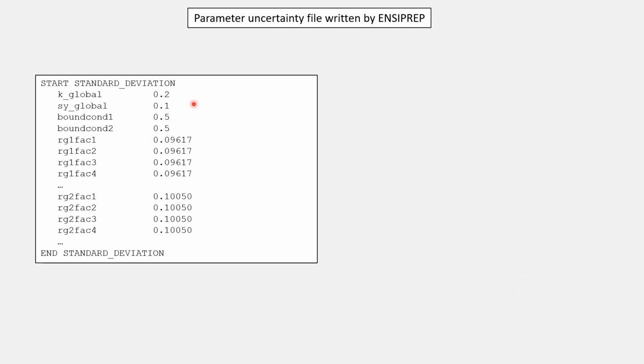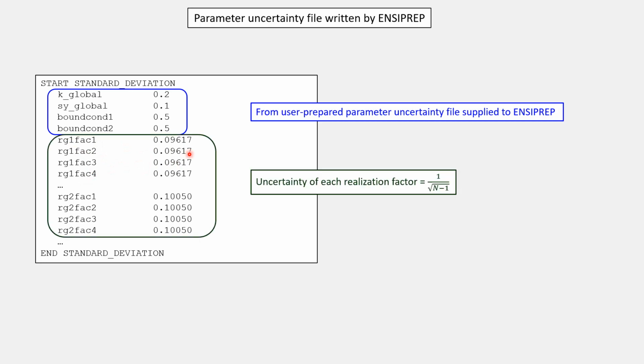The prior uncertainties of global non-realization parameters are taken straight from the parameter uncertainty file that we provided to ENSI prep. The prior uncertainties of these realization group factor parameters are calculated as 1 over the square root of n minus 1, where n is the number of realizations in a realization group. The reason for this is described in PEST-HP documentation.